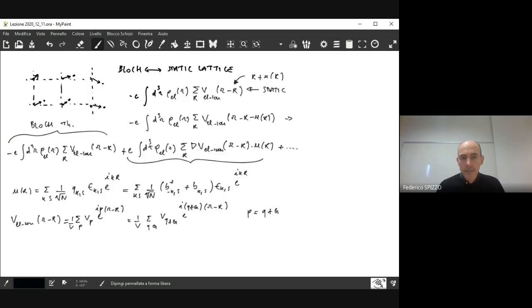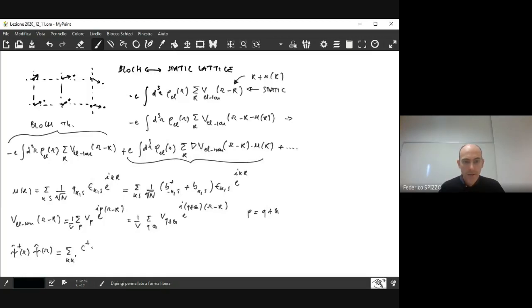We miss an expression for the electronic density. If you remember, when we used the second quantization approach, the operator that represented the electronic density was the density operator. So we may use this density operator to represent the electronic density in second quantization, and this operator can be written as a sum over k and k prime.